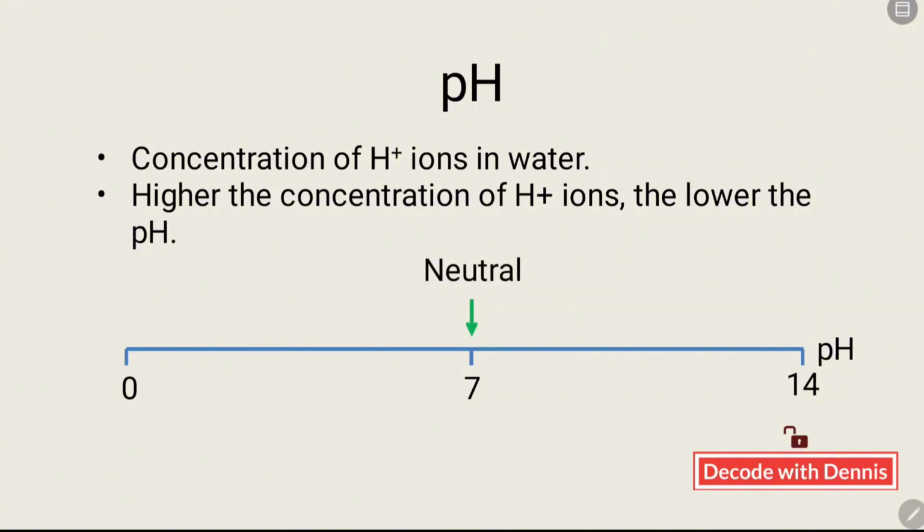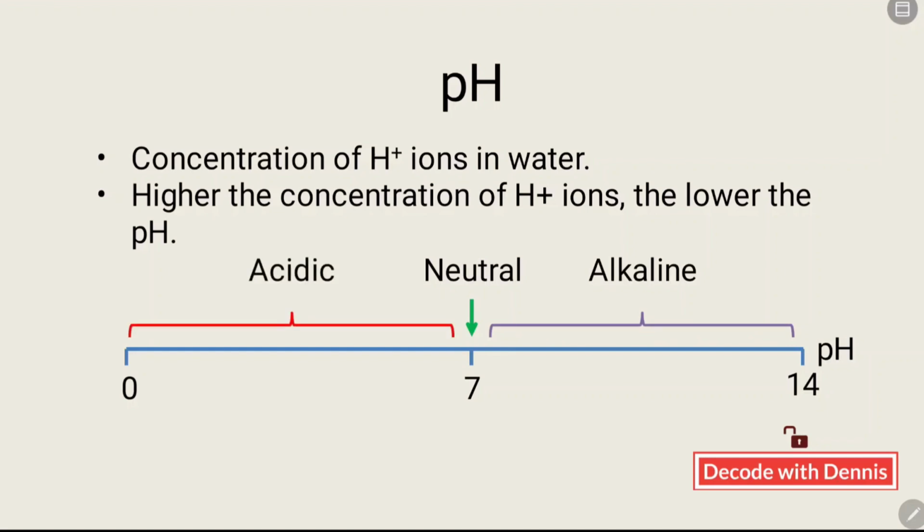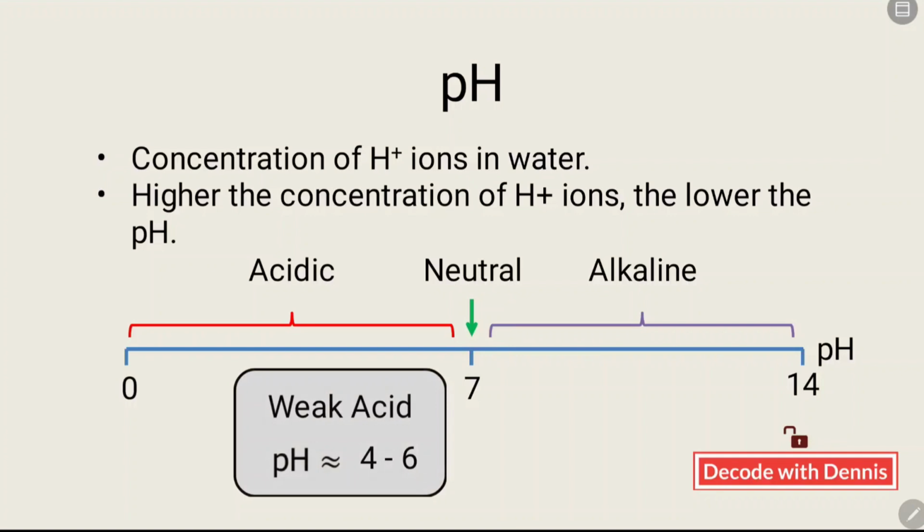When the pH is 7, the solution is considered neutral. When the pH is above 7, it's considered alkaline. And when it is less than 7, the solution is considered acidic. For weak acids in general, the pH is approximately between 4 to 6.